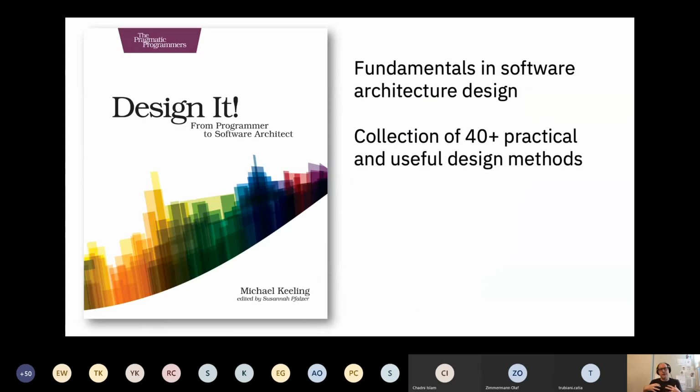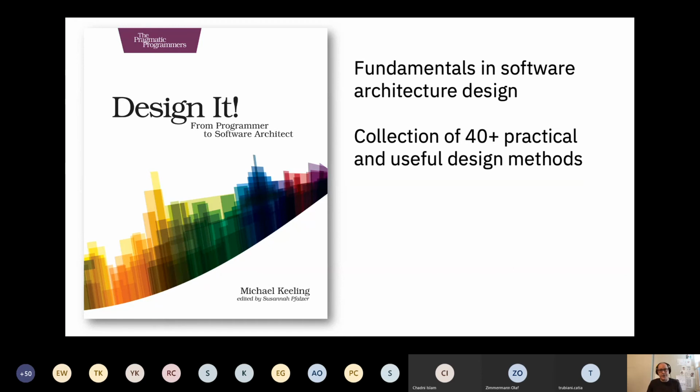This metaphor was a really big idea throughout the book that I wrote, Design It. It captures these fundamentals in software architecture design, but also a collection, as Olaf was mentioning, of practical design methods, over 40 of them in the book.